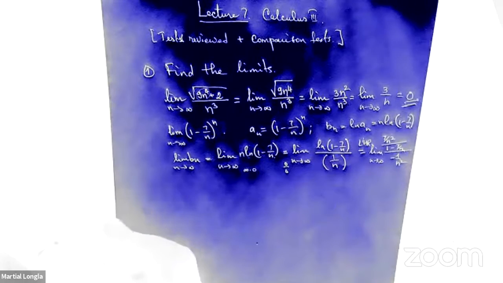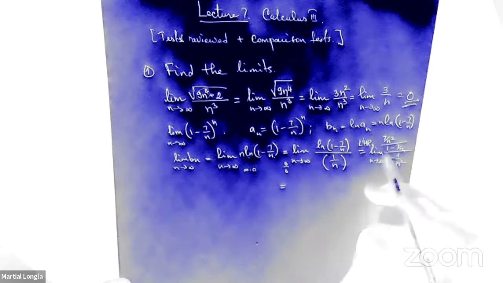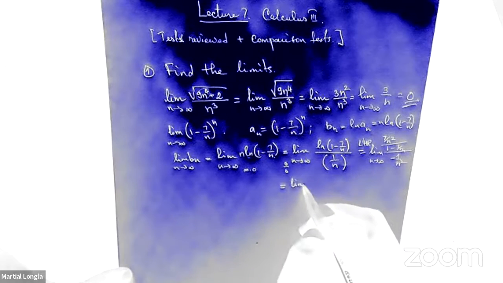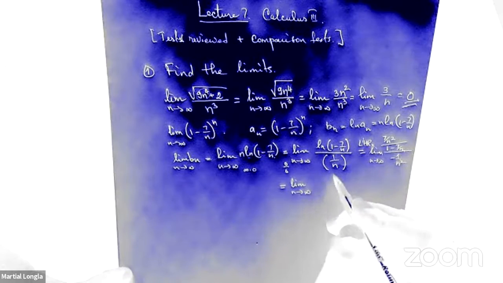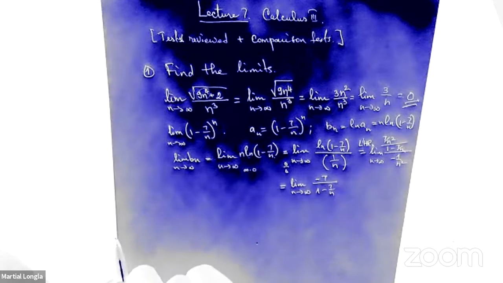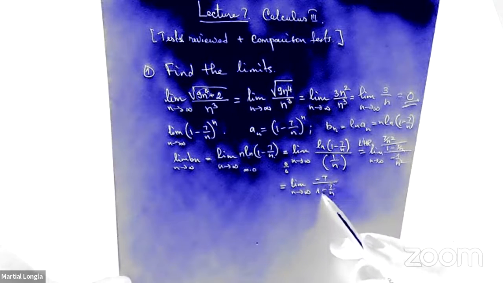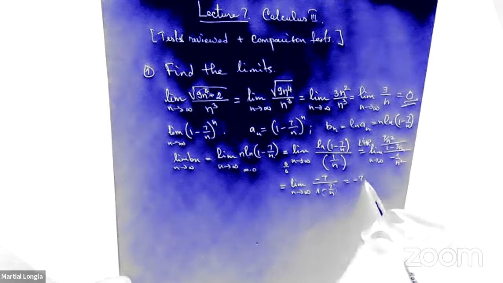And when you do that, the negative 1 over n squared cancels. You get limit as n goes to infinity of negative 7 over 1 minus 7 over n. And when you take that limit, 1 over n is 0. So this limit is minus 7.